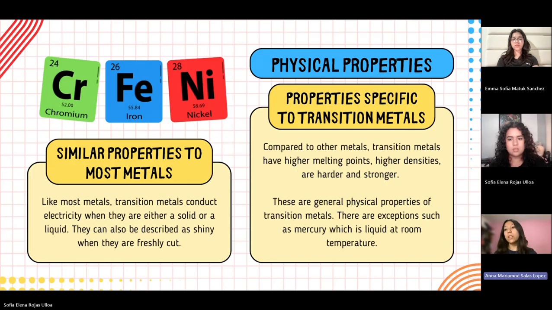These are generally the physical properties of transition metals, but there are exceptions such as mercury, which is liquid at room temperature. They are also good conductors of heat and electricity, which makes them useful for wires, machines, and construction materials.